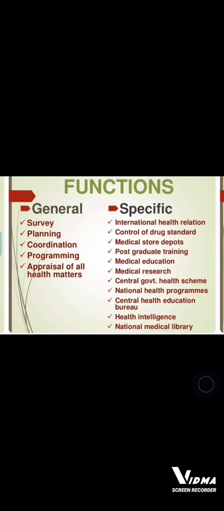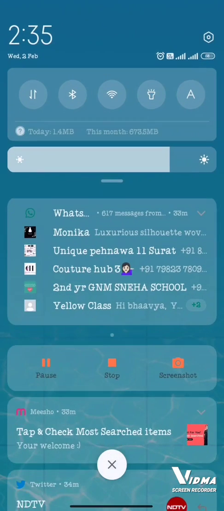As I said already, they will regulate and govern the healthcare education institutes to give education to healthcare providers. Then next one, health intelligence. After that, the national medical library: they will make several libraries to educate each and every individual.